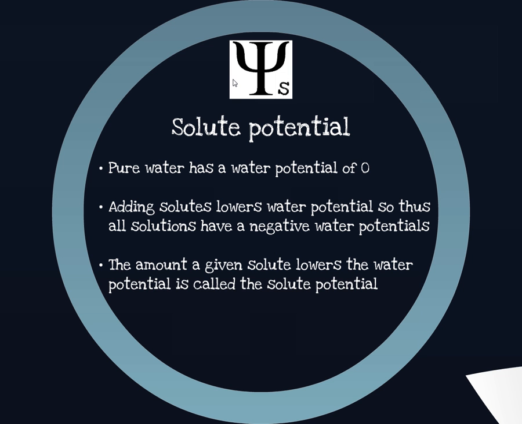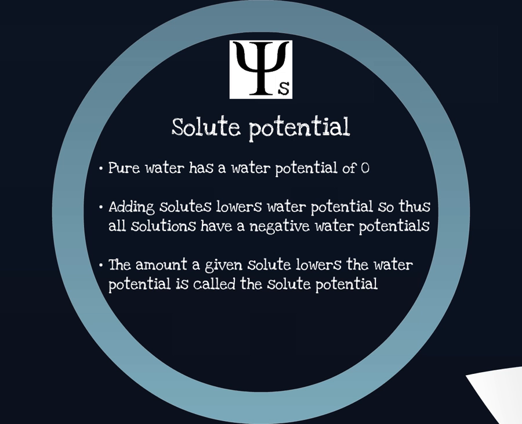Pure water has a water potential of 0. If I add a certain amount of solutes, the solute potential would be the concentration of solutes I've added. Essentially it is subtracted, it's a negative value, and then the water potential will have that negative value as well.